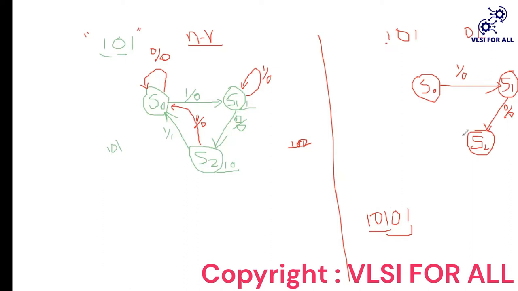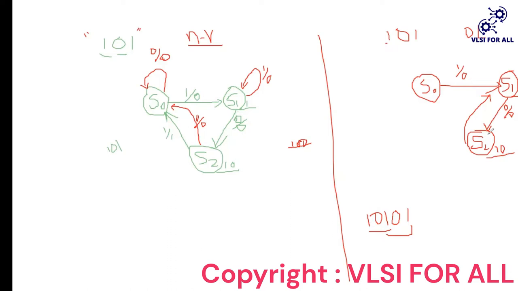So when we get 1 as the input again, it will go back to the S1 state from here, because this remembers 1, this remembers 1 0.